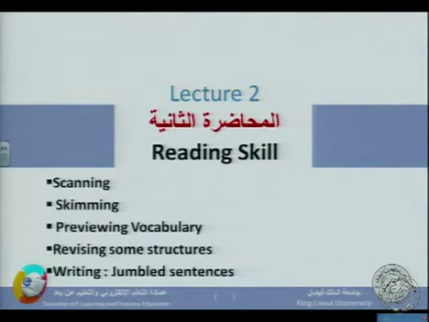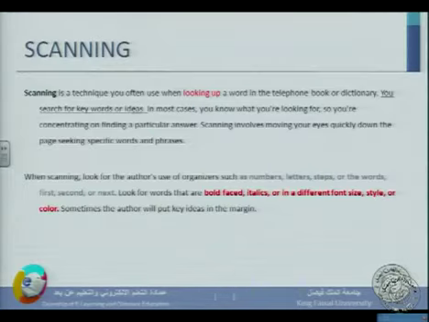Okay, so we will cover five things in this lecture: scanning, skimming, previewing vocabulary, revising some structures and grammar, and something called jumbled sentences.